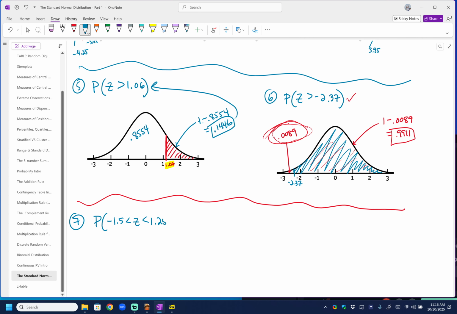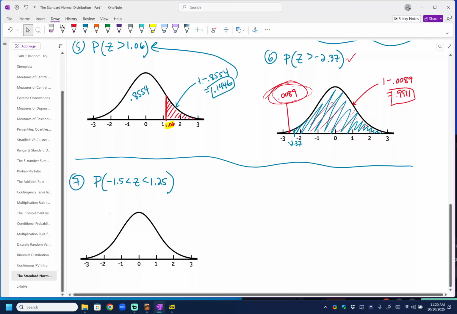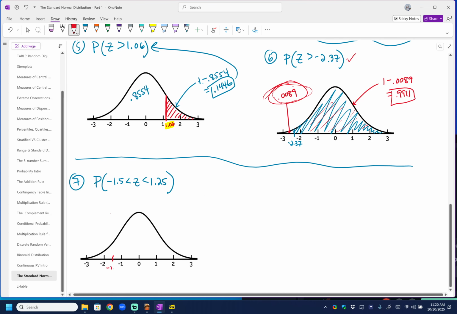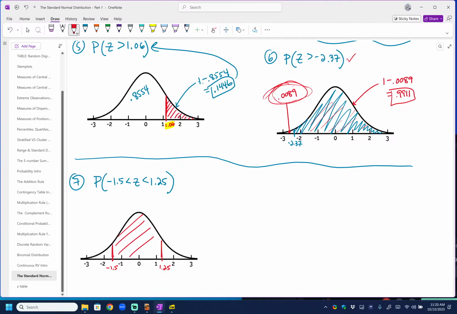Okay, so what does that look like on our graph? Well, we're going to locate negative 1.5 here, positive 1.25 approximately there. We're going to draw lines above them, and we're going to shade in the area between these two numbers. Our goal is to find this area.